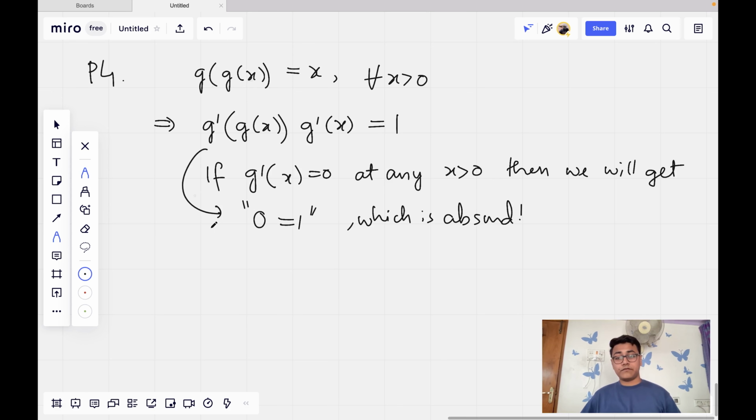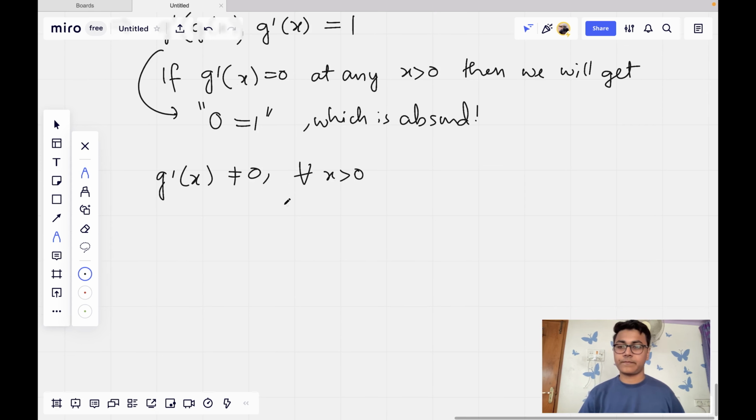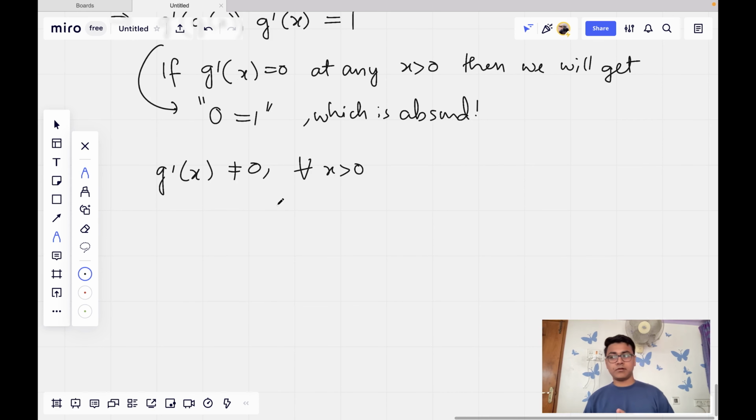So g dash x is never equal to 0 for all positive reals. So g dash x can either be greater than 0 or it can be less than 0.